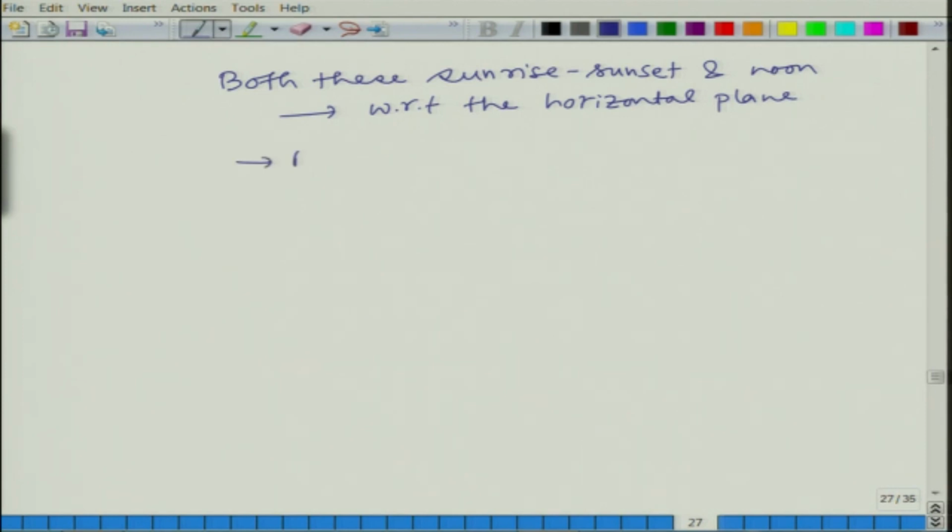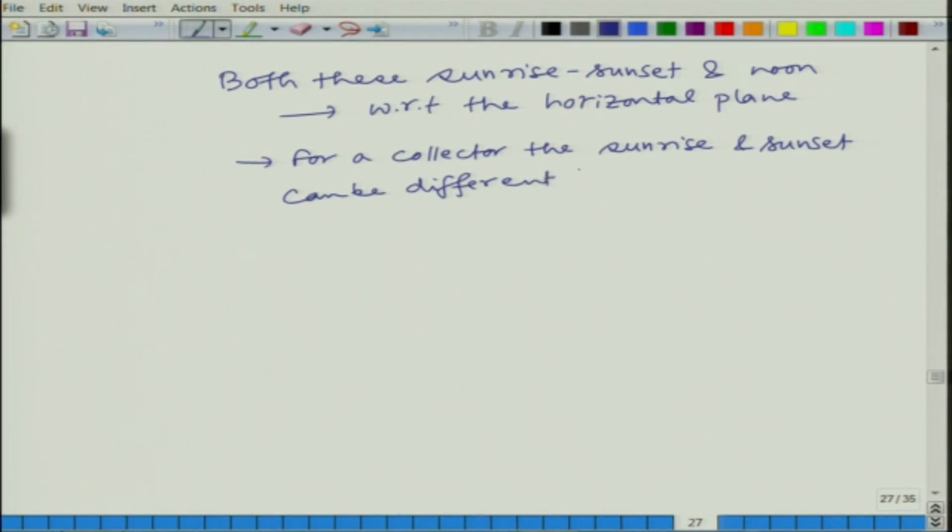But for a collector, the sunrise, that means when the sun starts radiating on it, and when it stops radiating on it, which is sunset, can be different compared to the horizontal plane, if there is a tilt.